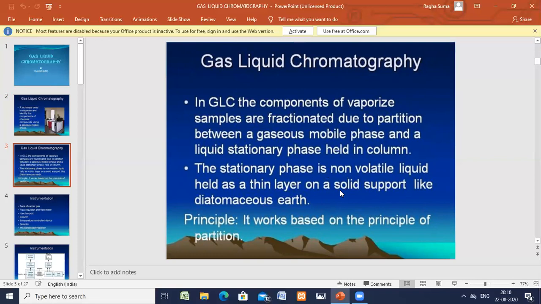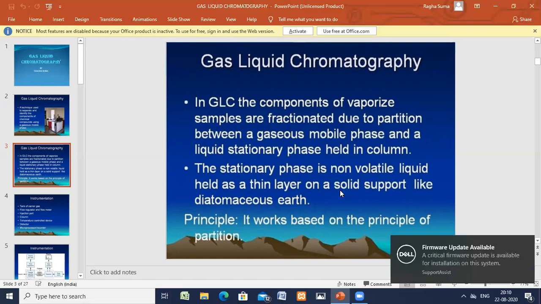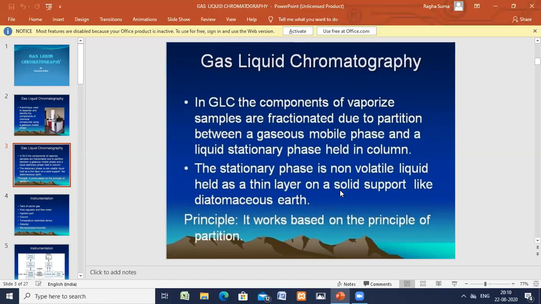So gas liquid chromatography consists of a mobile phase and a stationary liquid phase. The liquid phase is supported by an inert solid phase or the walls of the capillary tube.